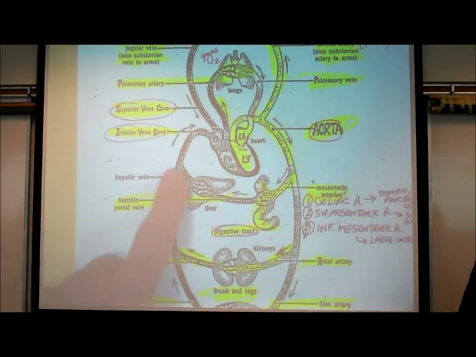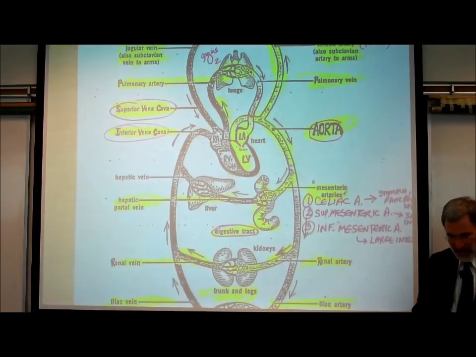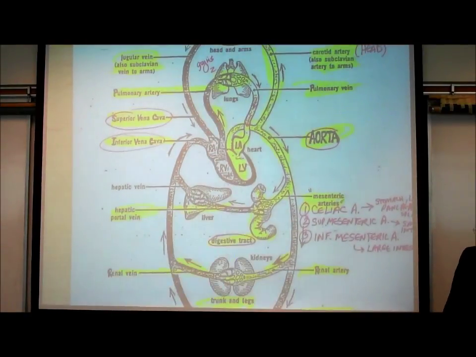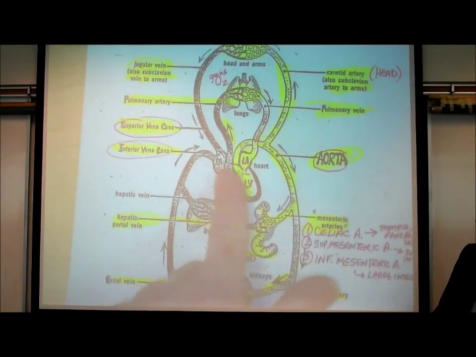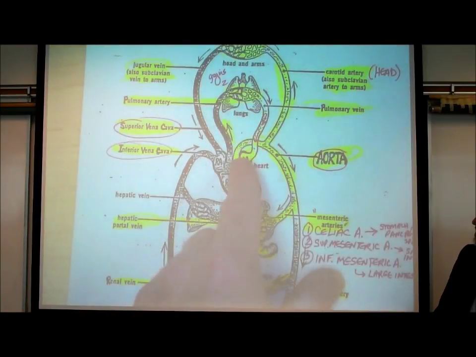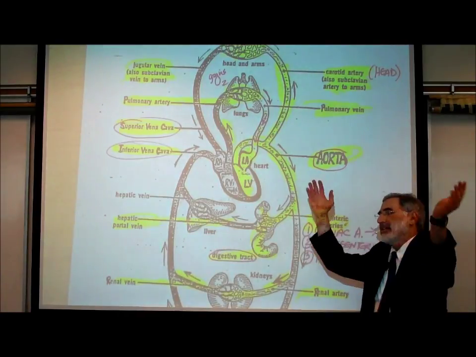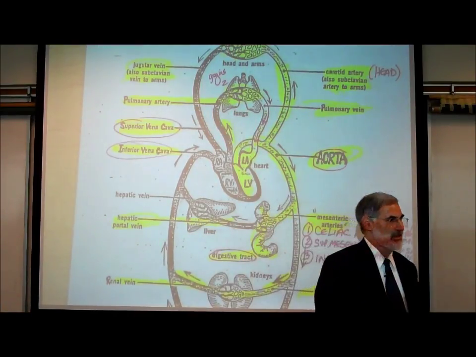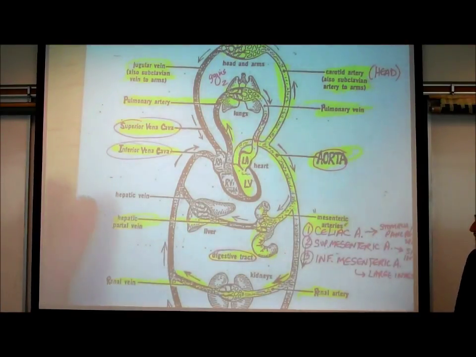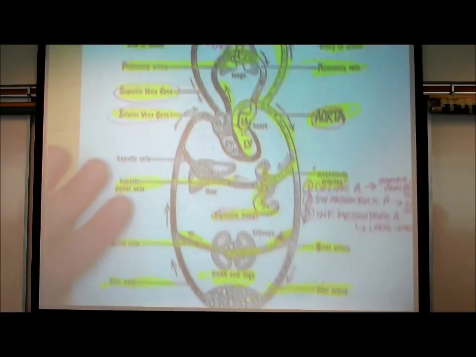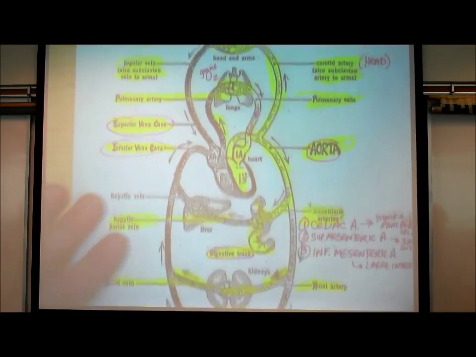So this is blood low in oxygen, it comes back to the heart, and we start all over again. We're going to repump the blood back through the lungs to reoxygenate it, and then it's going to go to the left pump, and the left pump again is going to pump this oxygenated blood to all the organs of the body.